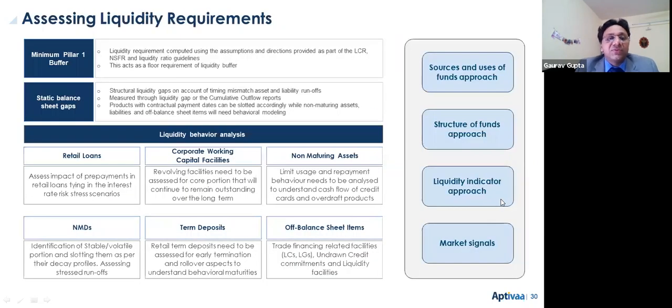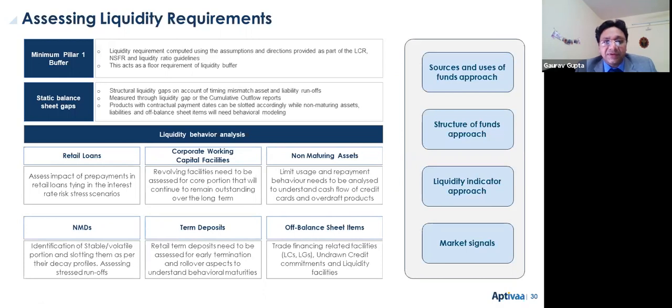Yes. So next, after liquidity risk management, is the assessing of liquidity requirements. This includes the minimum pillar 1 buffer, obviously the LCR, NSFR, all those things, and the static balance sheet gap.